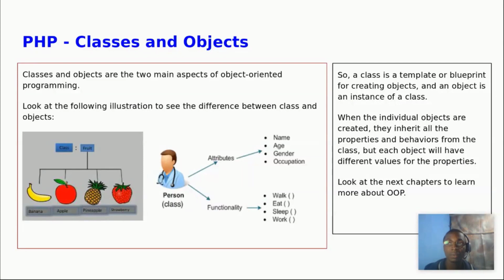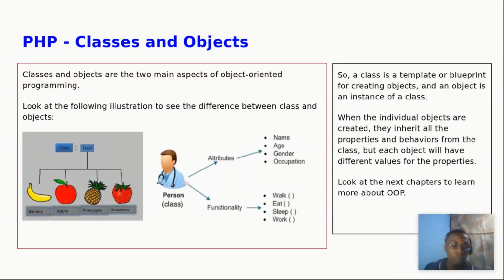Just like you have the class called fruit, which is like a blueprint or a template. You now have banana, which is an instance. That instance is called an object, right? When the individual objects are created, they inherit all the properties and behaviors from the class, but each object would have different values for the properties, right?